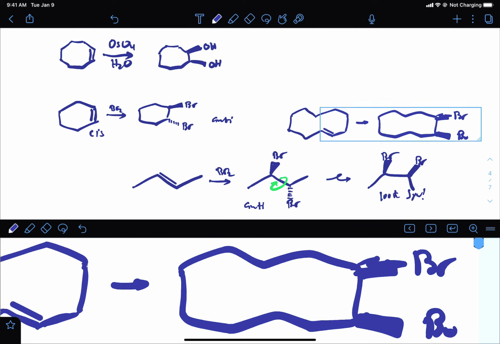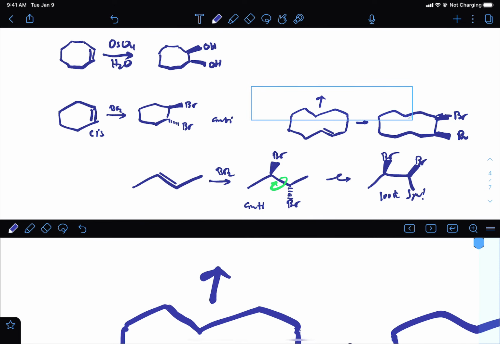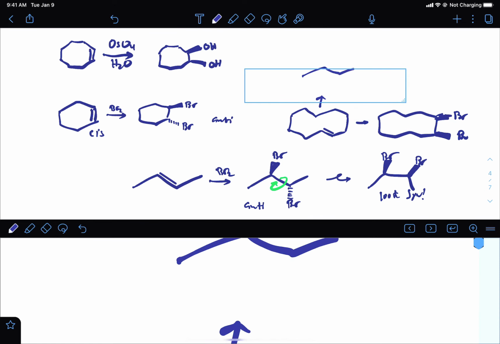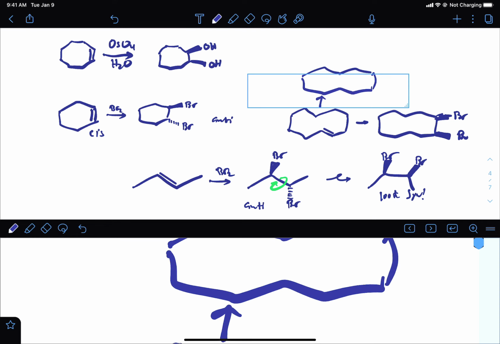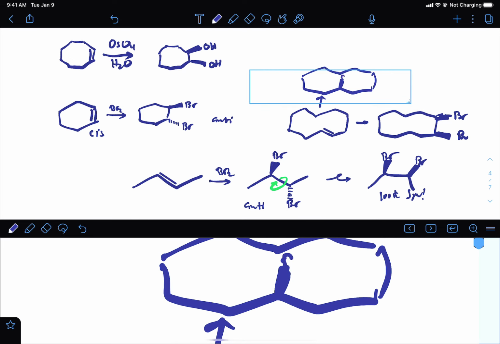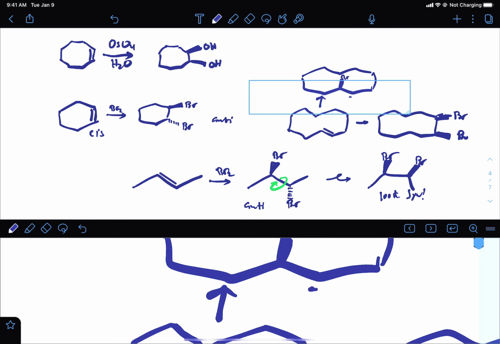So something like this, the idea is that if we add the Br2, it's going to add anti across that double bond, just like you'd expect.